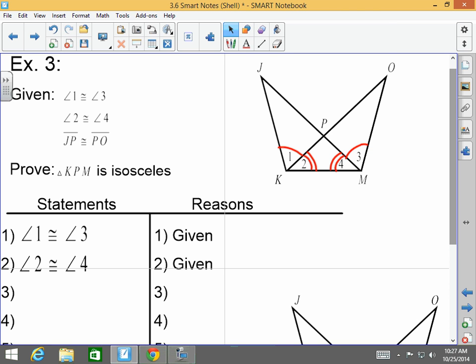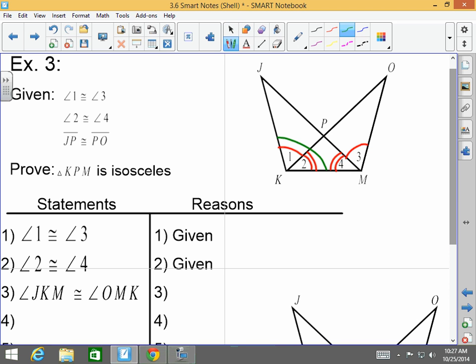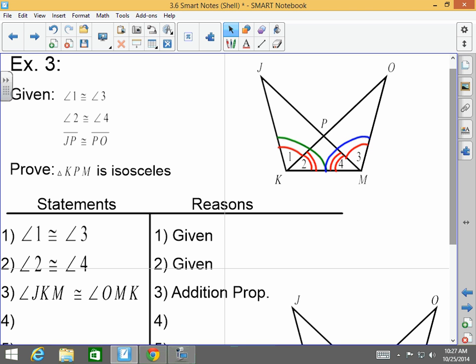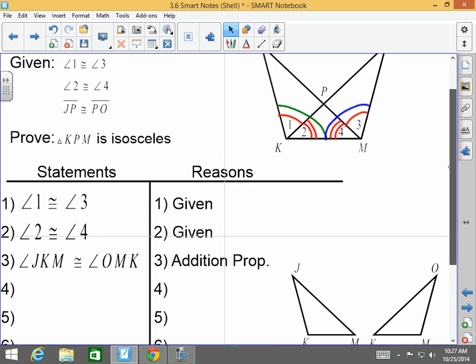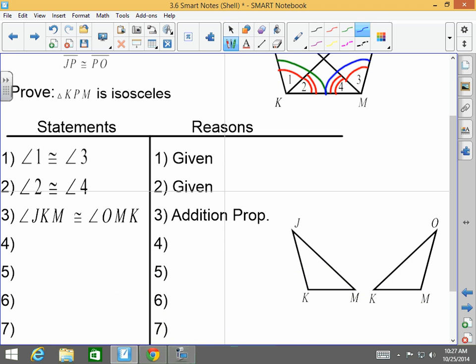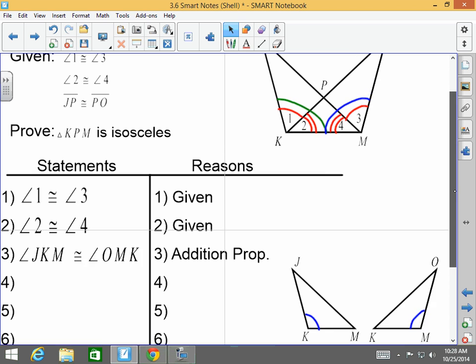And now we know clearly that angle JKM, this guy right here, must be congruent to angle OMK, this guy right here, because of the addition property. The sum of congruent angles are congruent. So in our isolated angles here, we know that angle JKM is congruent to angle OMK.